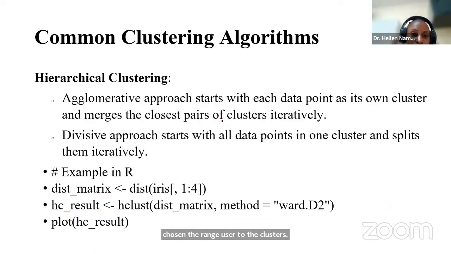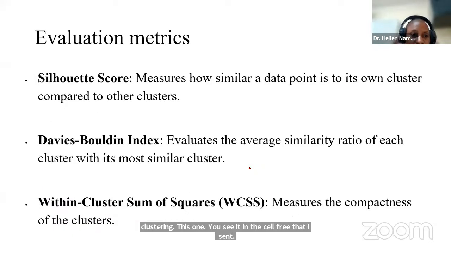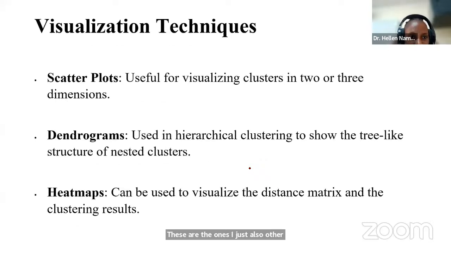I've already talked about also the hierarchical clustering. This one, you see it in the self-read that I sent. These other ones are just also other common algorithms that you can think about. The visualization, you can use a scatter plot, you can use the dendrogram, you can use the heat maps.